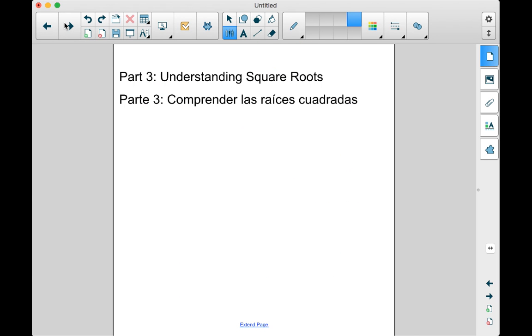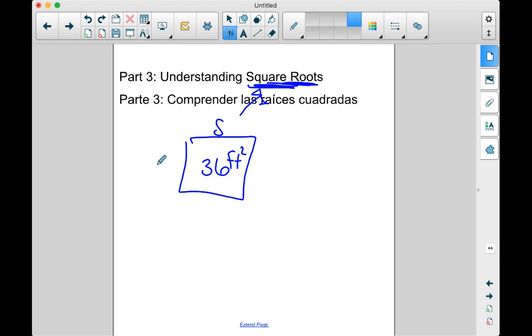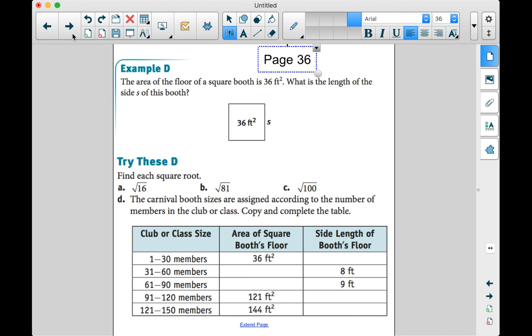All right, and the third part of this, now we need to understand what we call square roots. For example, if I gave 36 and I said this area right here is 36 feet squared, and I wanted to know what this side is, that's what we consider a square root, when I'm working backwards. So on page 36, I have my area is 36 feet squared.